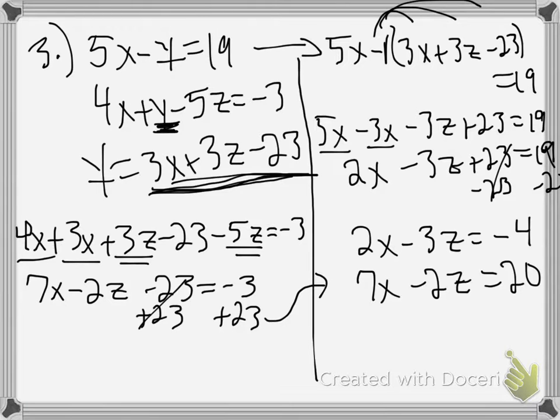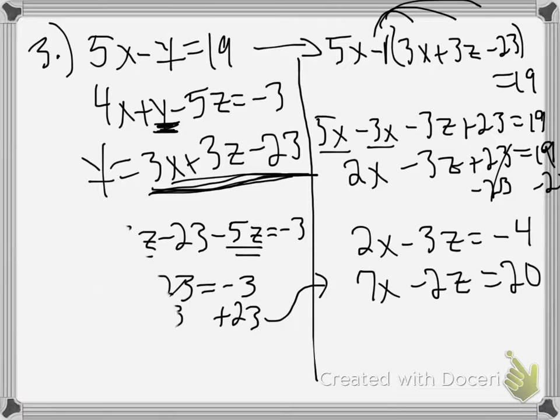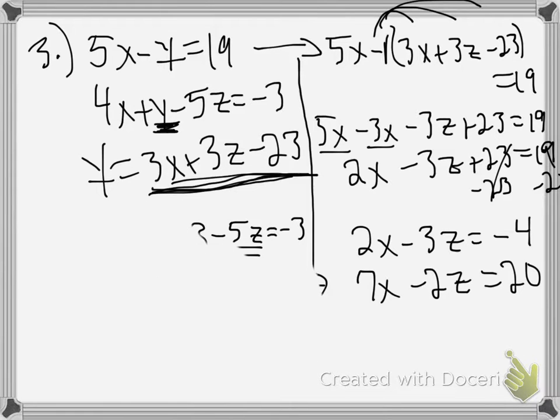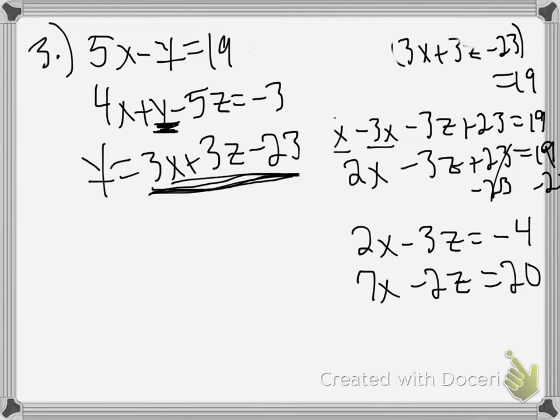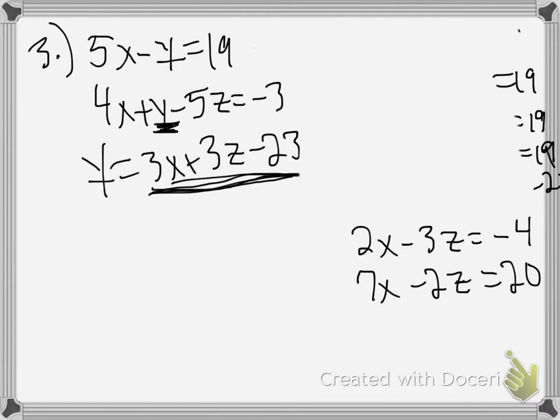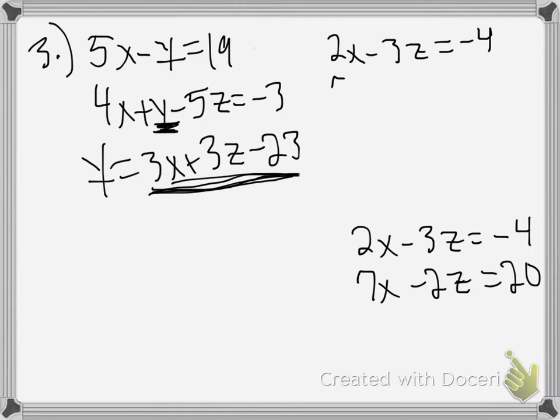I'm going to go ahead and erase to give me some more room. 2x minus 3z equals negative 4. 7x minus 2z equals 20.